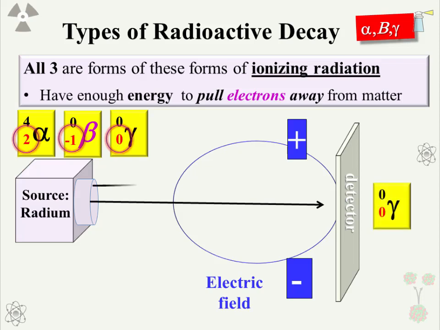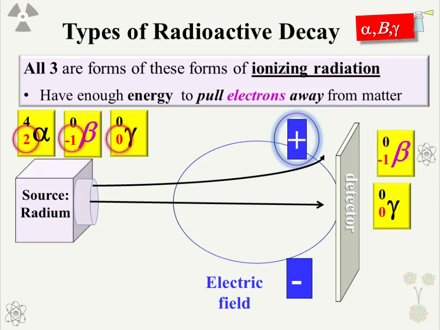What if the path of a particle starts to bend up as it passes through the electric field? That would mean it was attracted to the positively charged electrode. Which particle is attracted to a positive charge? The beta particle. It's an electron with a negative charge. Opposite charges attract.